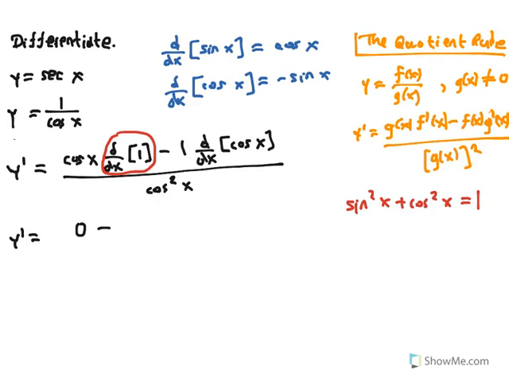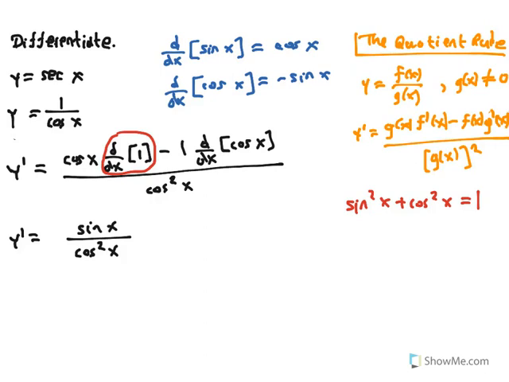So minus negative sine is plus sine x. So in the numerator, 0 plus sine x is just sine x. And in the denominator, you have cosine squared x. So we're done. We have found the derivative of the secant function.